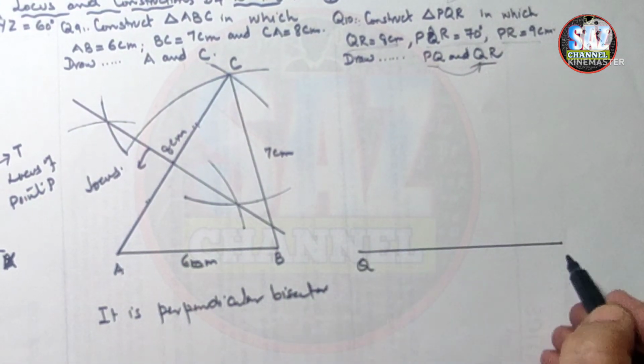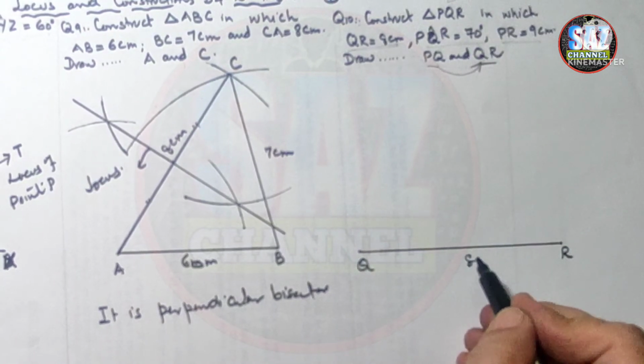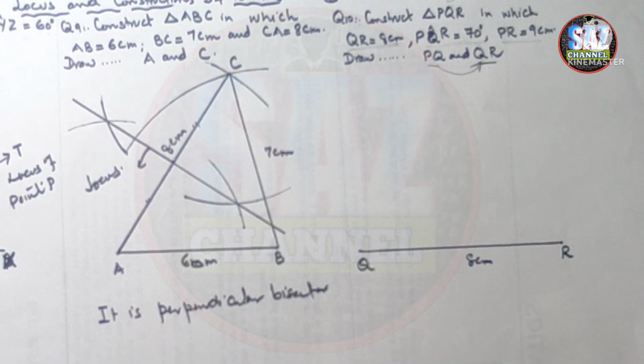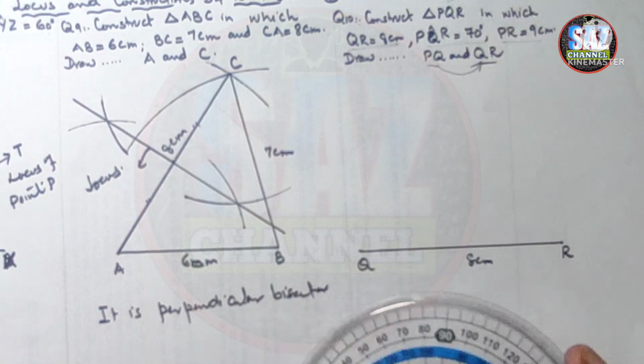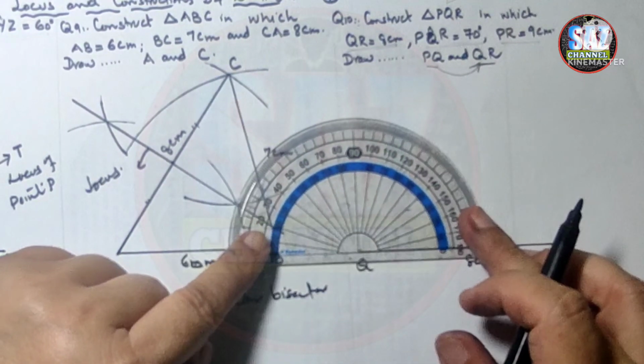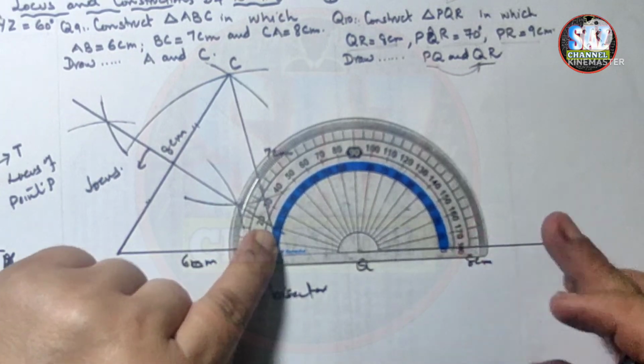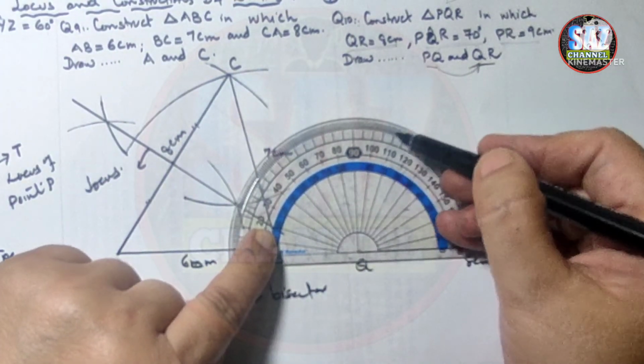QR, 8 centimeter. And then we have to construct the angle at what vertex? Angle Q, because that is the middle letter, and on this letter the cap is drawn, and that is my 70 degrees. So this is the inner scale I am reading.